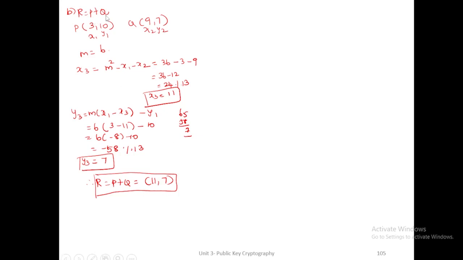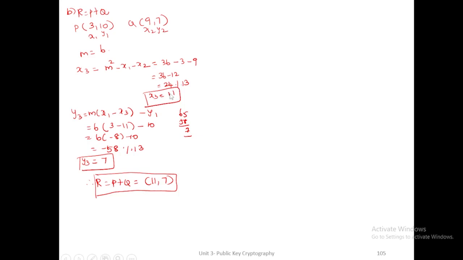The slope is 6. The x3 calculation is m squared minus x1 minus x2. Here 36 minus 3 minus 9, 36 minus 12, is 24. 24 mod 13 is 11. Therefore the x3 point is 11.